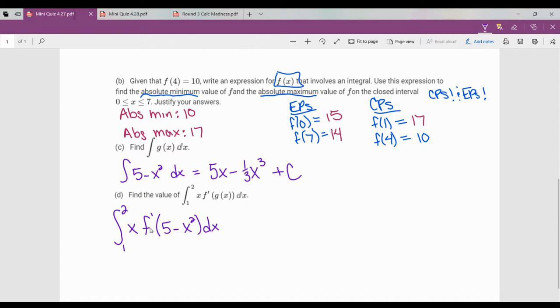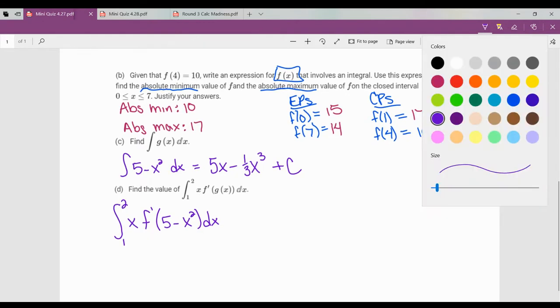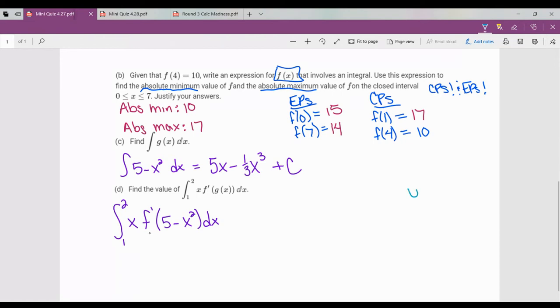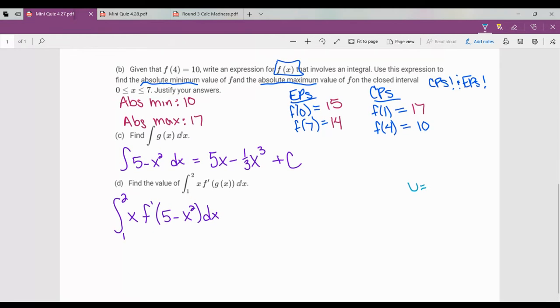If it were derivatives, it would be the chain rule, but because it's the antiderivative, the integral, we need to do u substitution. So I'm going to do a different color to note that it's u. So my u is equal to the inside, 5 minus x squared. And then du/dx is going to equal -2x. I multiply by dx, so du equals -2x dx.